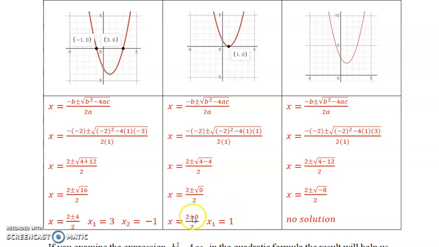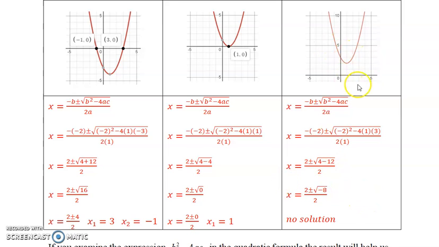Remember, you're plus or minusing the square root, so if it's 0, it's the same both ways, and you only end up with one root. 2 plus 0 divided by 2 is 1, and 2 minus 0 divided by 2 is 1. So if underneath the square root is 0, you get one solution.